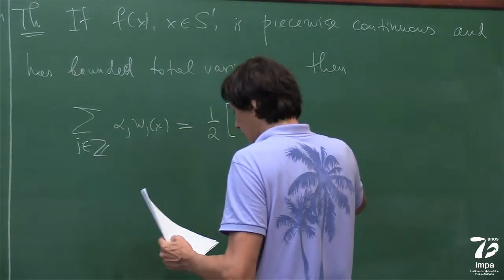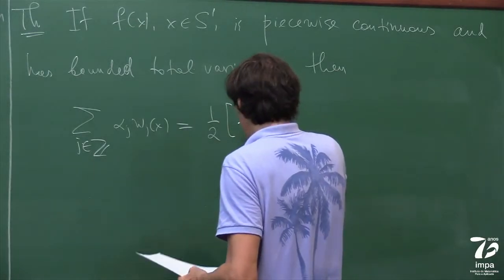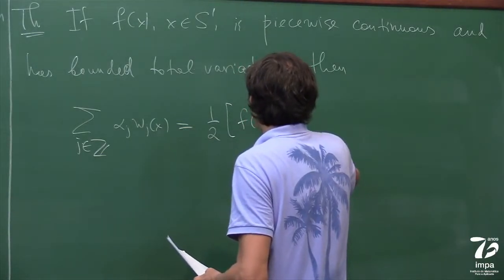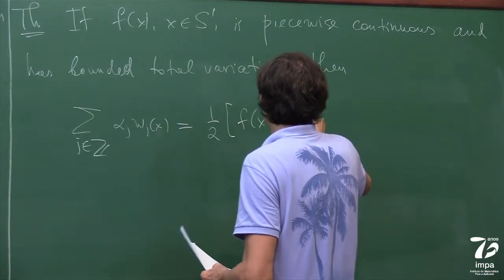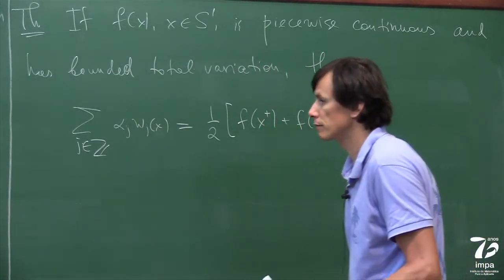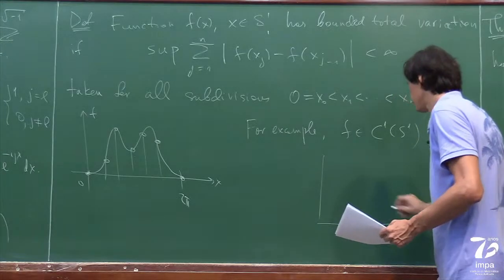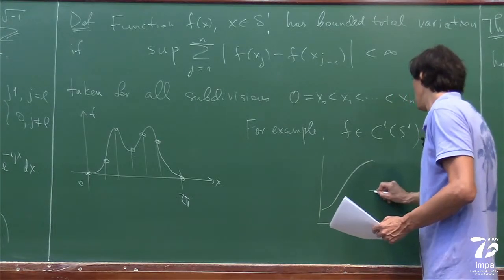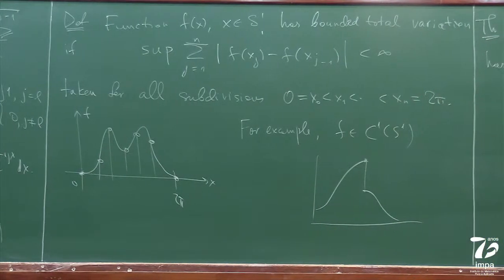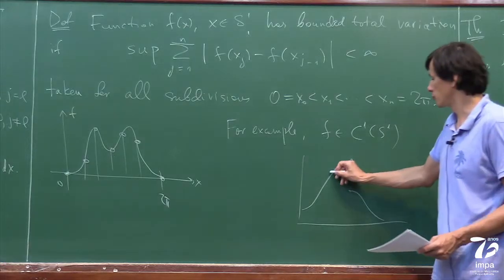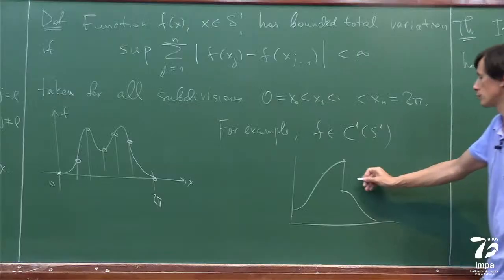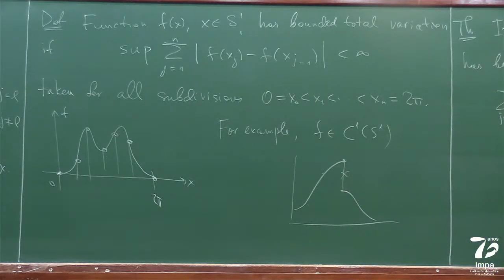We have a left limit and a right limit, in general. So the sum converges to the mean value between the left and right states. It means that at the points where the function is continuous, it just converges to the function, and at points where it's discontinuous, it converges to the mean value. That's a theorem.